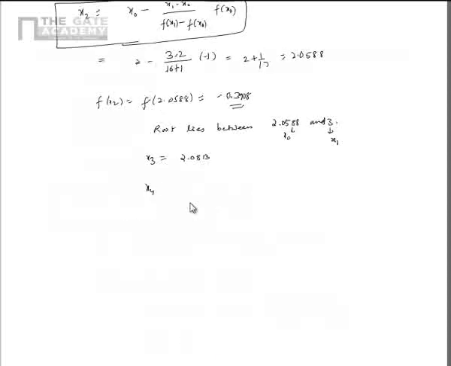Similarly, if I evaluate everything and list it out, I get 2.0862, and so on. For 2.0813 I have to check f of x2, and based on that, if we repeat the process iteratively, I get these values.